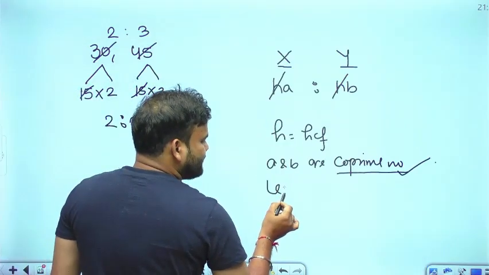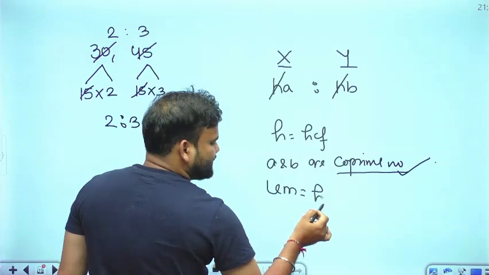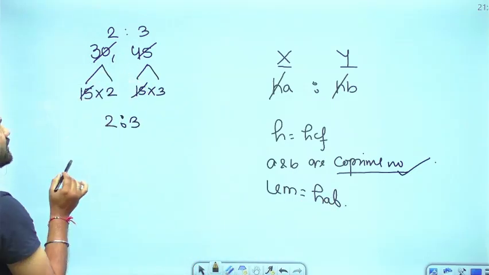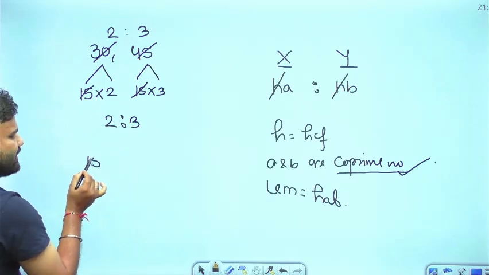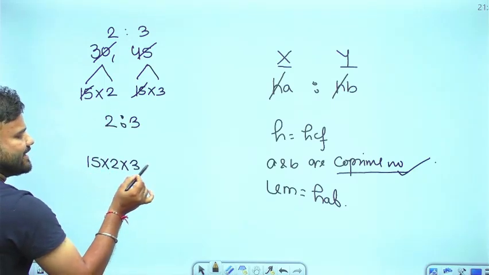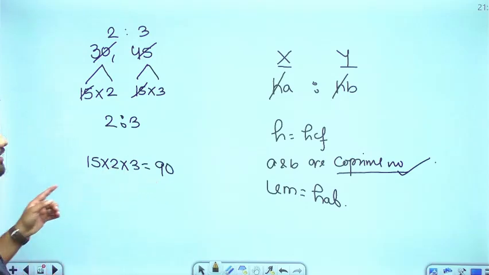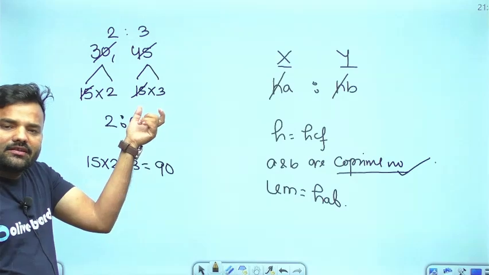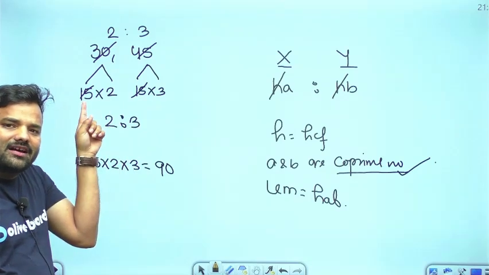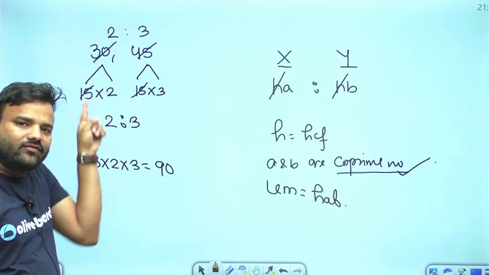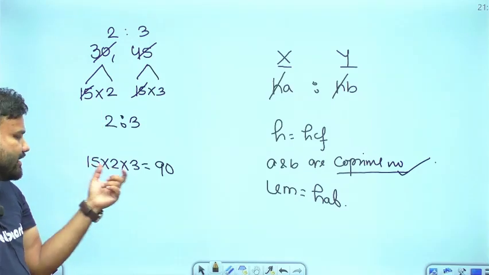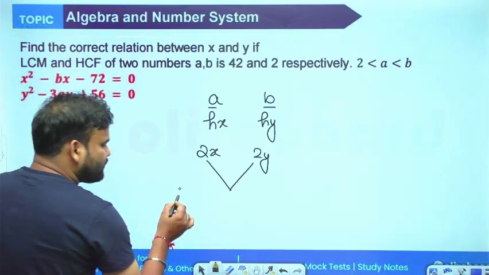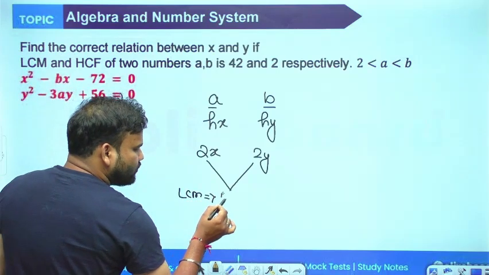Here the LCM will be HAB, the multiple of both the numbers. For example, take 30 and 45. The multiple is 15 into 2 into 3, that is 90. 15 is the HCF, 15 into 2 and 15 into 3 are the numbers. 2 and 3 are co-prime, and the multiple is 15, 2 and 3 taken together, that is 90. Same process here: the least common multiple of both the numbers will be 2 into x into y.